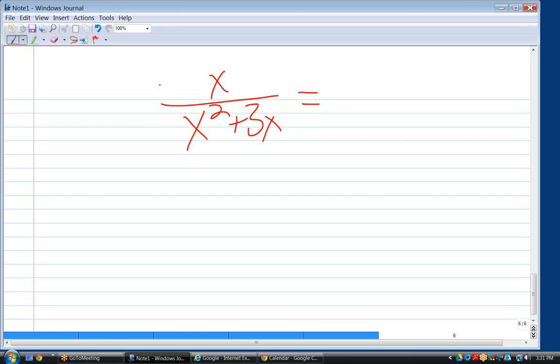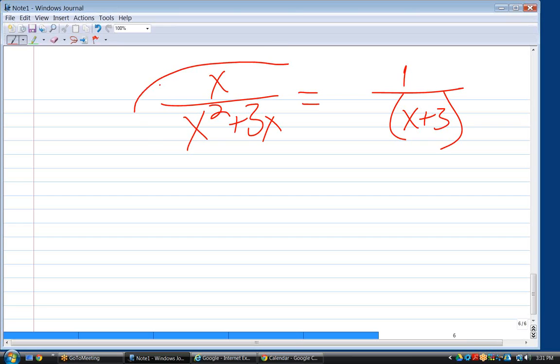No, well, I can divide top and bottom by x. But I still cannot ever have x be equal to 0.